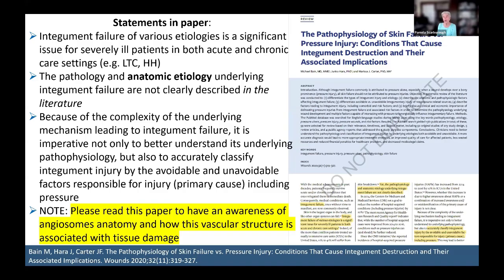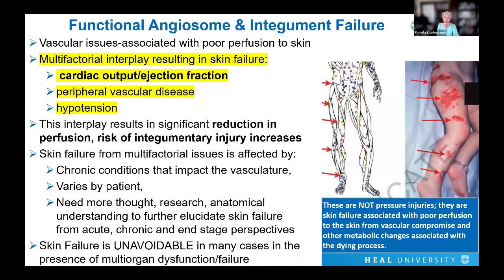And I think we have more unavoidable issues going on than avoidable because of the organs that are impaired and are not being documented. So when we look at the functional angiosomes and the integument failure, this over here on the right is someone in ICU, and they are in skin failure.